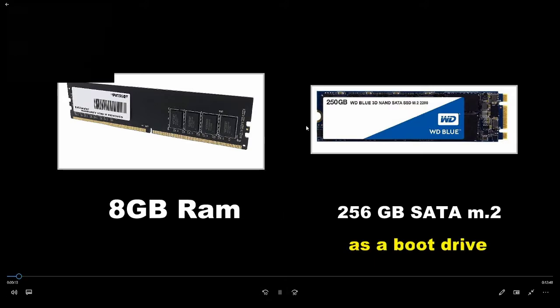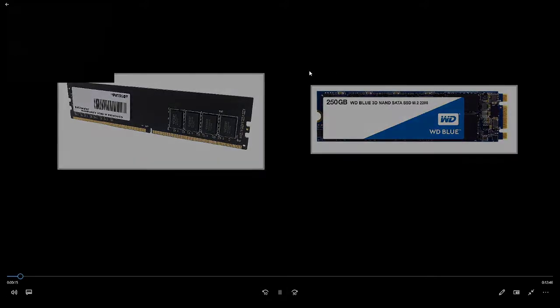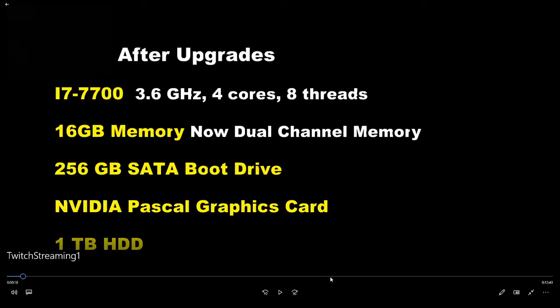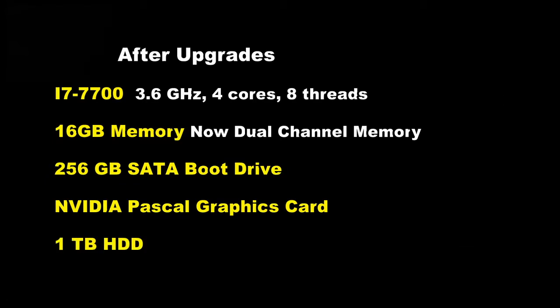After these upgrades, it gave me an i7 7700 with a 3.6 gigahertz base frequency, 4 cores, 8 threads. Now it has 16 GB of memory, which now also has dual channel memory access.